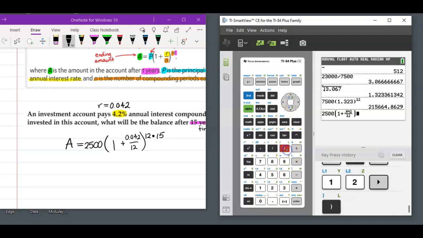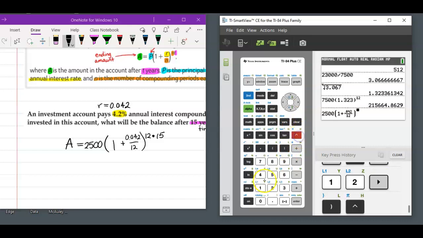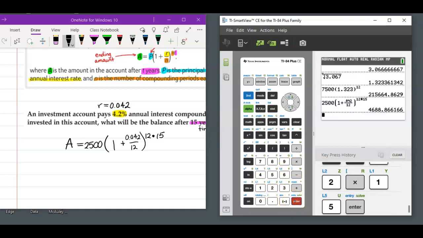Close the parentheses, and we're going to raise that to the 12 times 15 power. And we end up with approximately 4,688.87. In fact, since this is a rounded number, I should use my approximation symbol, not just an equal sign.